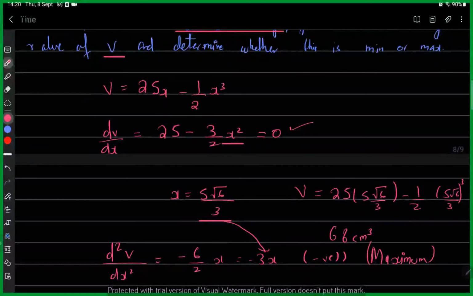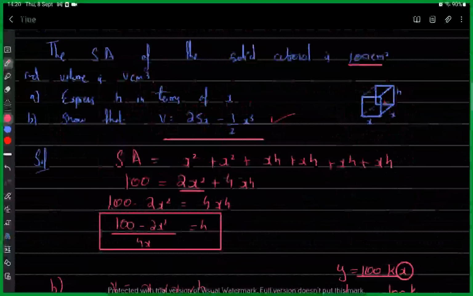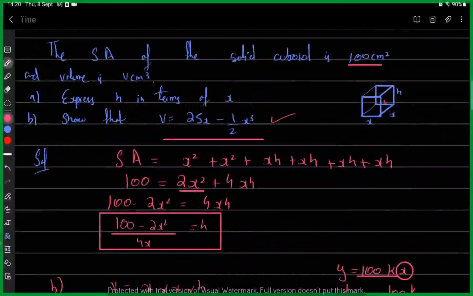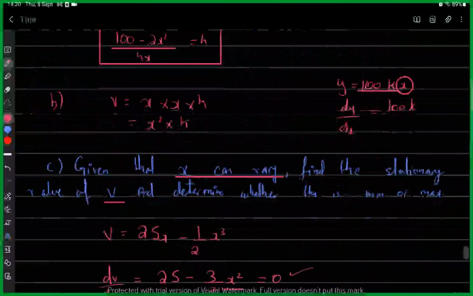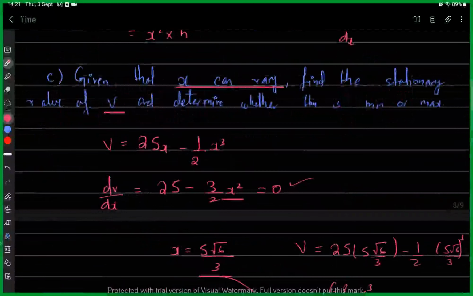Now for this part, we did not talk about the typical dy by dx stuff. No, we have basically used this knowledge practically. We had some cuboid that has x and x as its two dimensions, h is its height. First two parts were easy. For the third part, you were supposed to find the stationary value of V. Stationary value means derivative is 0. Derivative, not dy by dx. V is the variable, x is the variable, so dV by dx, right?